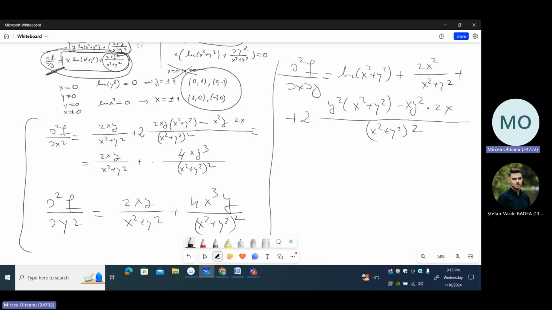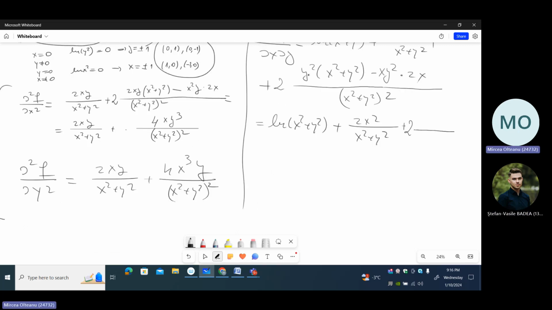So this gives us logarithm of x squared plus y squared plus 2x squared over x squared plus y squared, plus 2 times x squared y squared plus y at 4, and then minus 2 x squared y squared over x squared plus y squared squared.